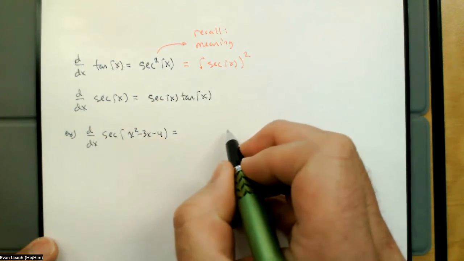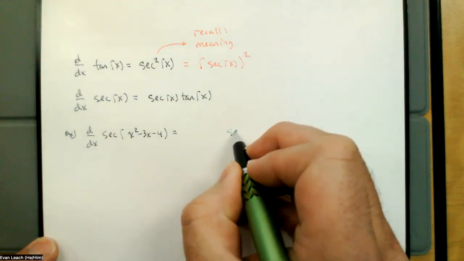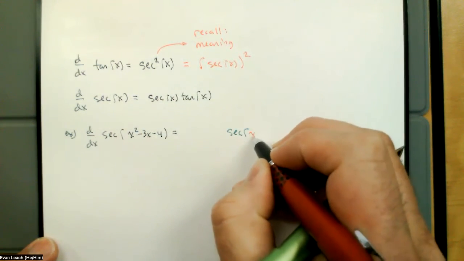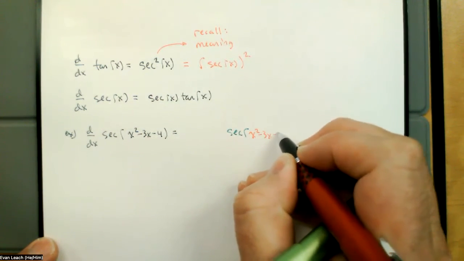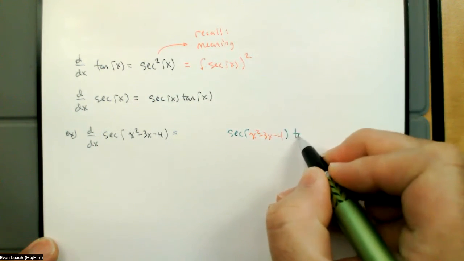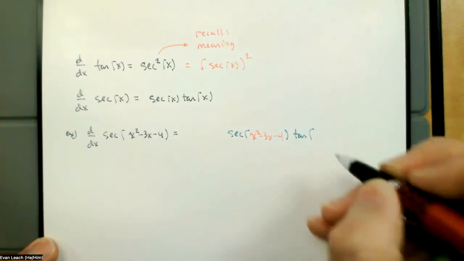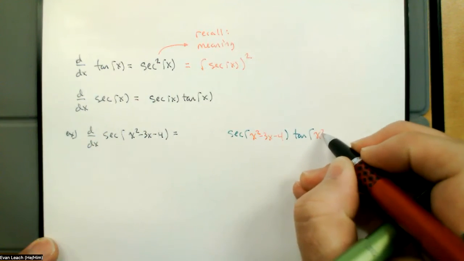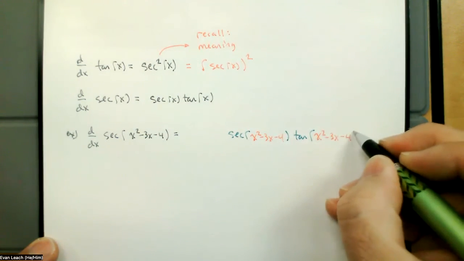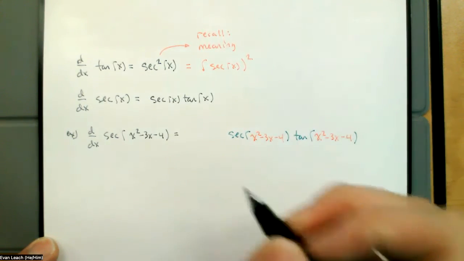Derivative of secant of this stuff is secant times tangent times the derivative of the inside.